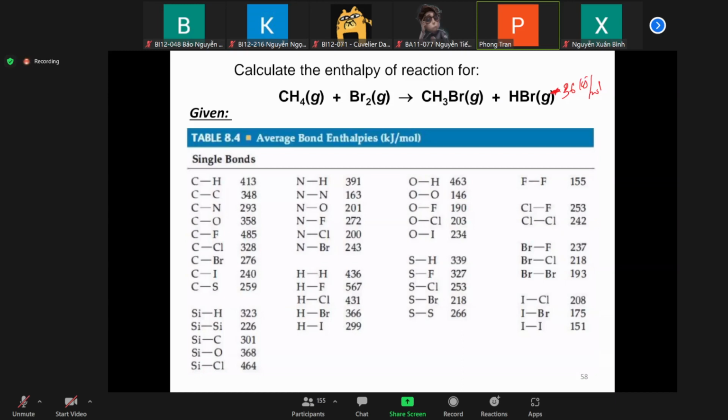Okay. If you have minus 36, can you show us how you get this result? How you did the calculation?